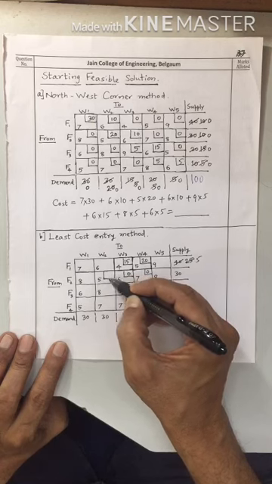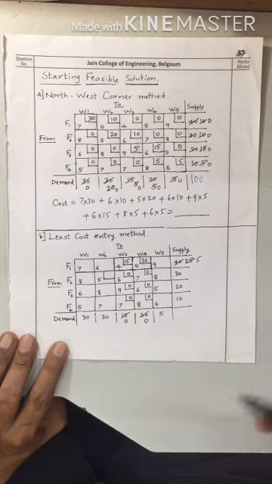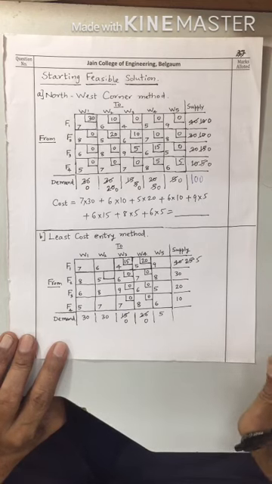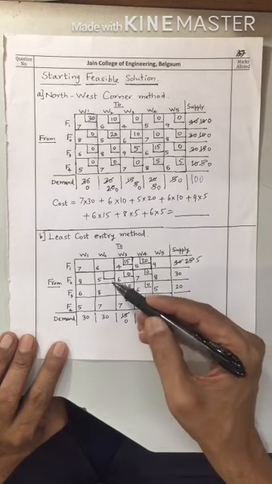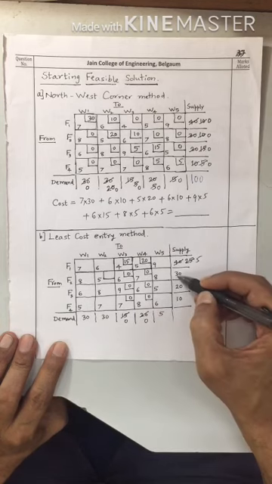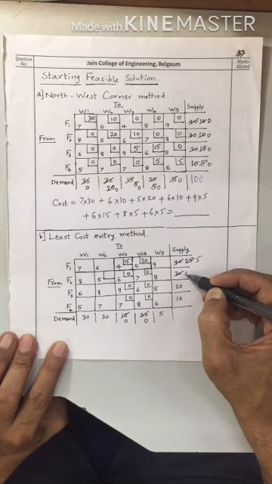What we are getting is only a starting solution. Depending upon which cell you select, your starting solution will be different. It doesn't matter. We are starting with only a feasible solution. For this cell it is 30 and this also is 30, and therefore 30 minus 30 is 0.